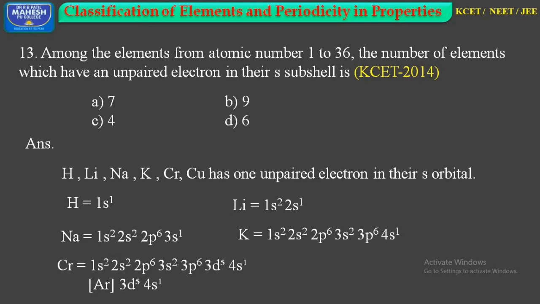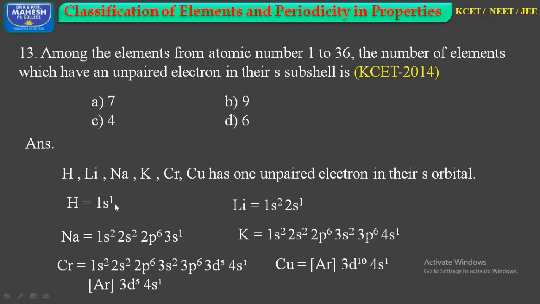Students, in case of chromium with atomic number 24, the electronic configuration can be written as argon with 18 electrons and the outermost 3d5 4s1. Whereas in case of copper, the electronic configuration is argon 3d10 4s1.